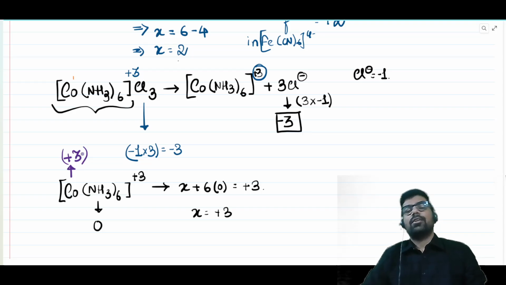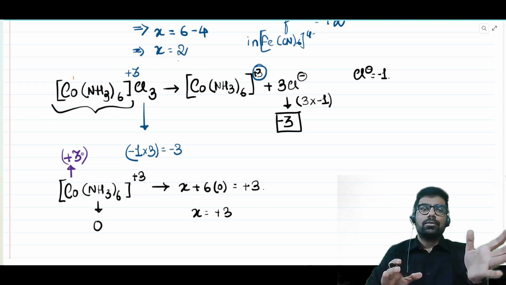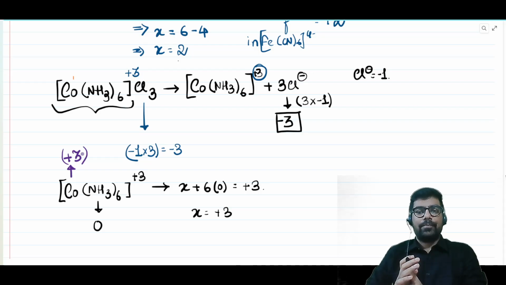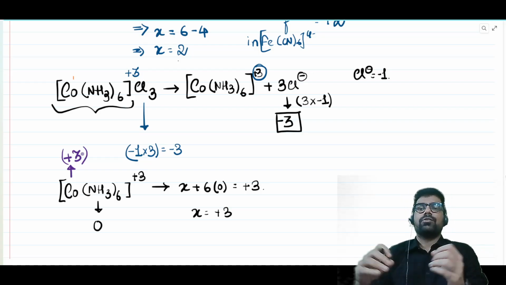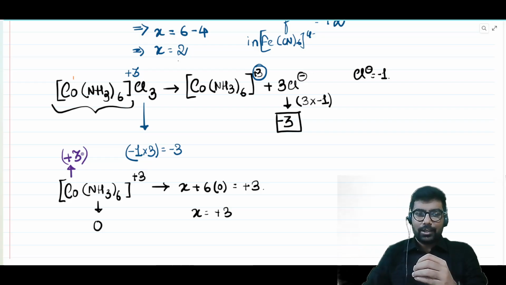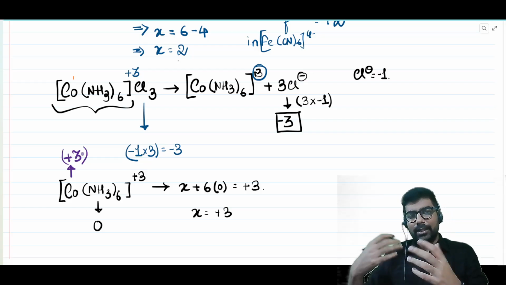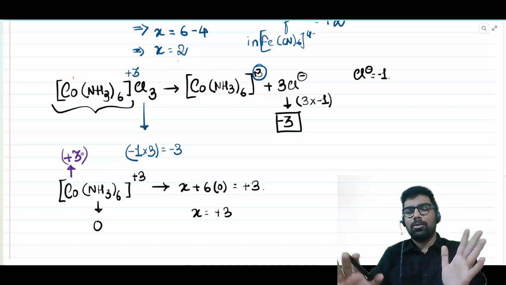Now I can understand that you might at this stage have some problem in finding out the charge, because we don't know the charge of the ligands. Which one is neutral? Which one has a charge of minus 1? Which one has a charge of minus 2, etc. This is a common problem.